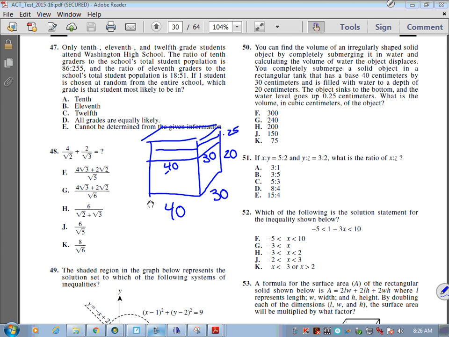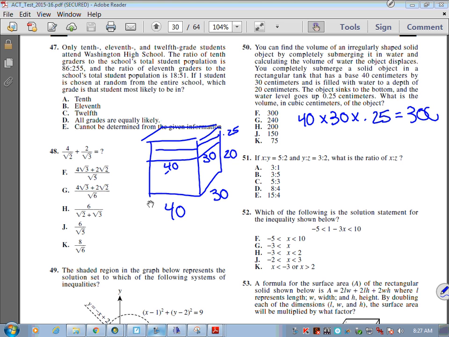All right? So all we're doing is calculating volume. So in this case, volume is 40 centimeters by 30 centimeters by 0.25. That's all I have to do. And I think what you find whenever you calculate that is that you're going to get 300. Somebody run that out real quick for me. It comes out to 300.